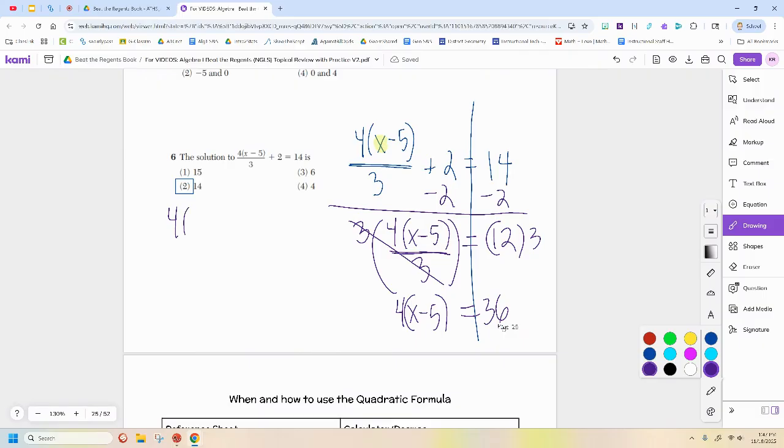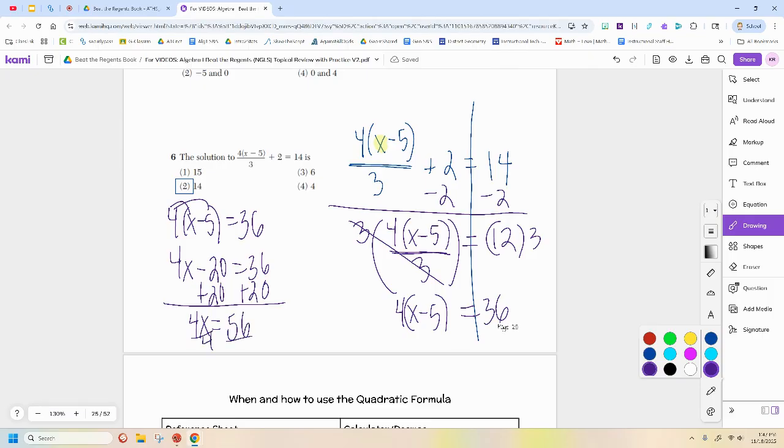So I have 4 times x minus 5 equals 36. So distribute 4: 4x minus 20 equals 36. I'm going to add 20 to both sides. And I get 4x equals 56. And when I divide by 4, there it is. It's 14. That is some seriously painful equation solving.